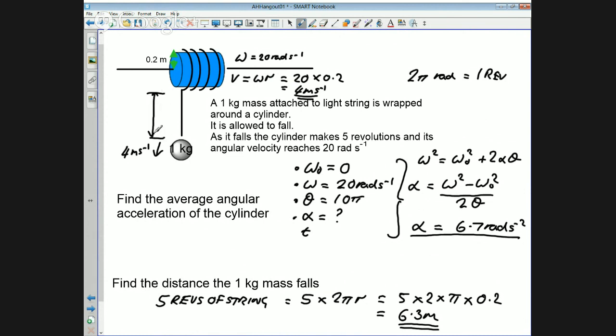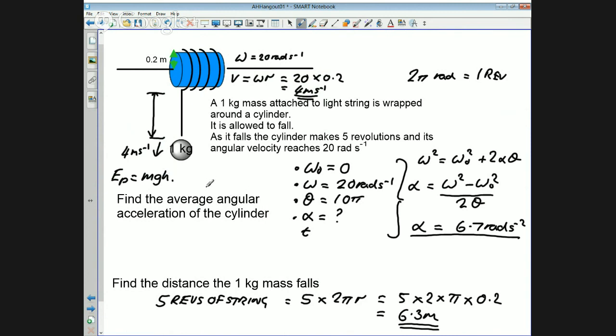Now, as it falls a certain distance, it's going to change its potential energy. And that potential energy will be changed into not just simply kinetic energy, but into rotational energy as well. So for the total energy, you can work out the energy loss by working out EP equals mgh.